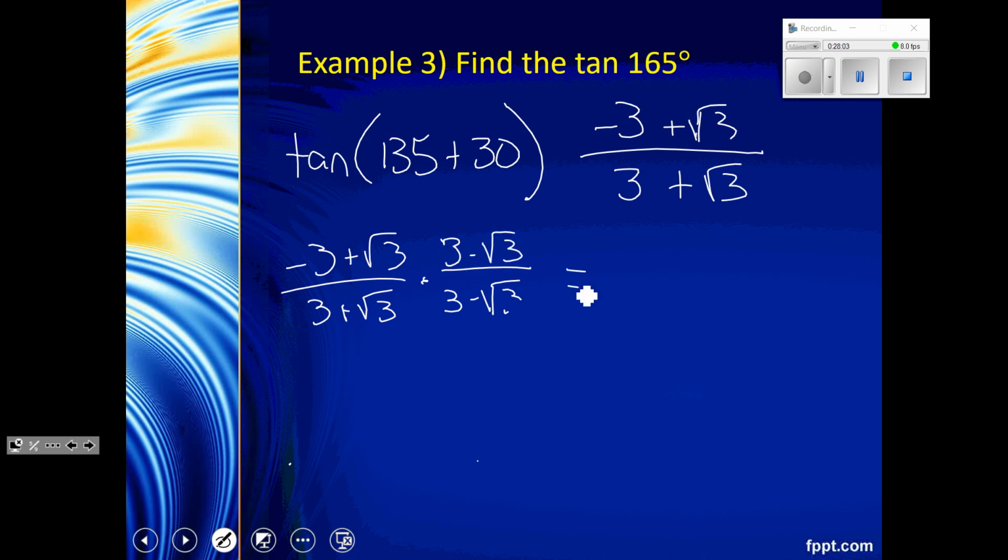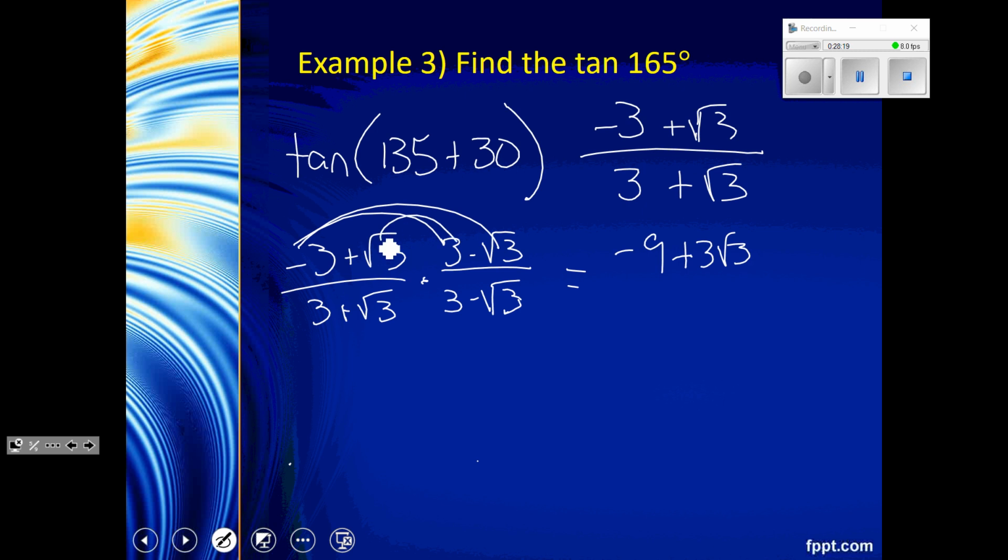So -3 times 3 is -9. -3 times negative square root of 3 is +3 square root of 3.